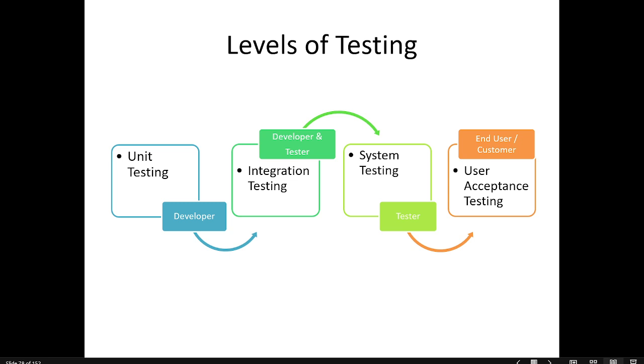The answer is, when we select any of the approaches and if the modules are not ready, then you need a developer to develop a stub or a driver. You get your stub or driver from the developers, use it, test it, and go ahead. And that's why integration testing is an activity for both sides, development and testing.